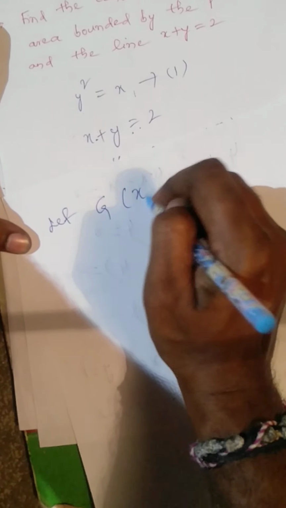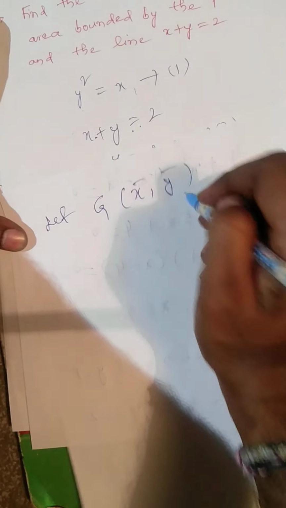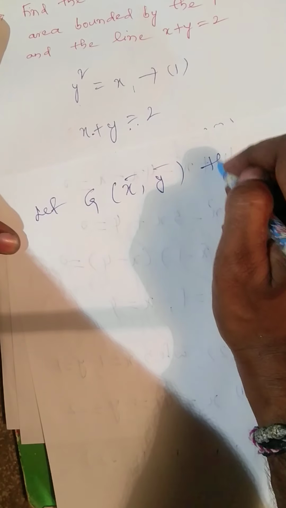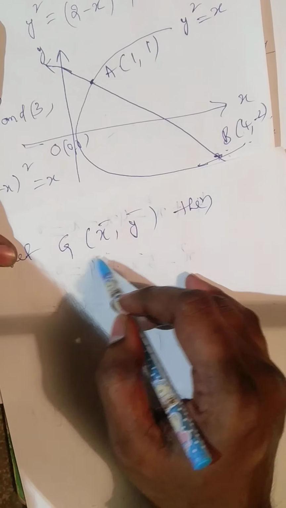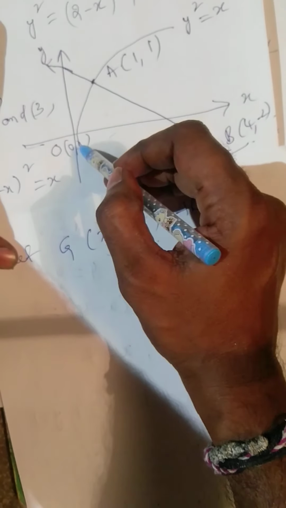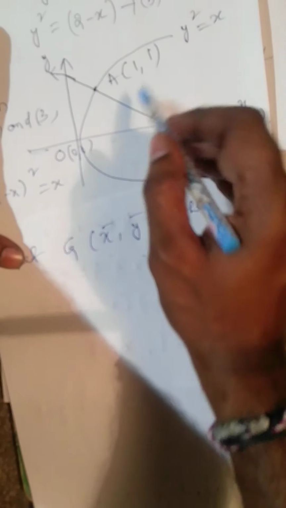Let G(x bar, y bar) be the center of gravity of the plane lamina OAB. Here OAB is the lamina, right?